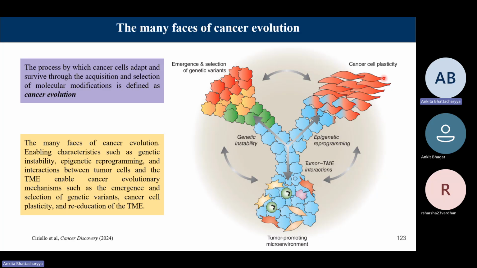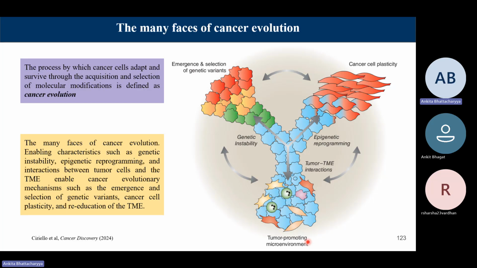The third one is a condition where the cancer cells are evolving over time as a result of interactions with the tumor microenvironment, so that they eventually undergo evolution in such a way that they change the environment surrounding them, which helps them grow better.